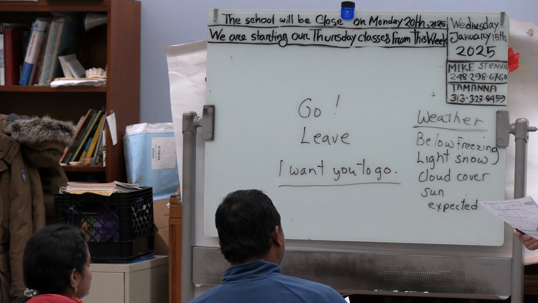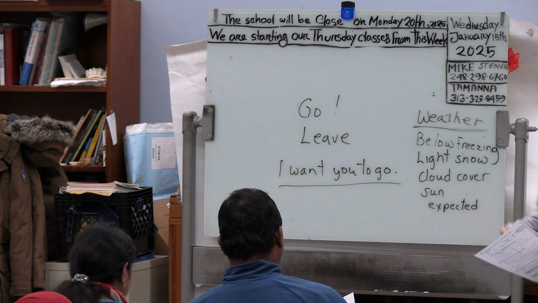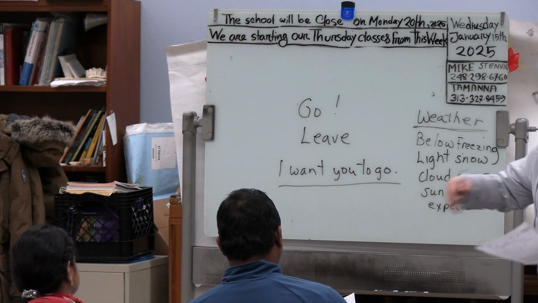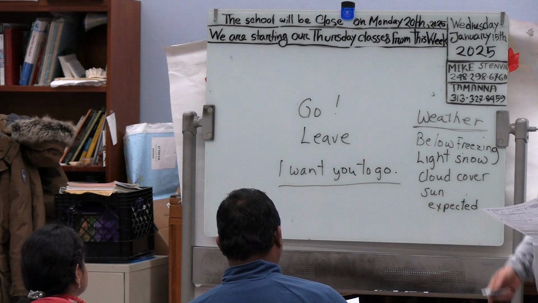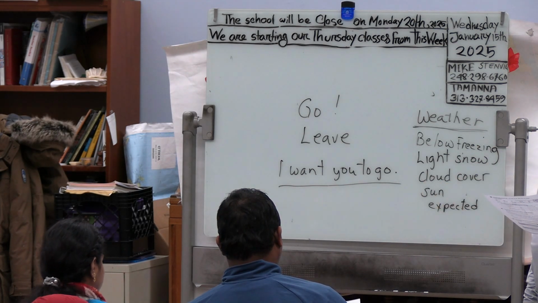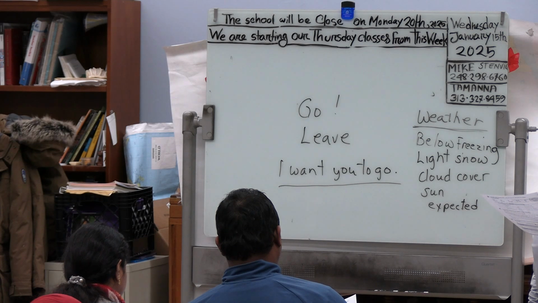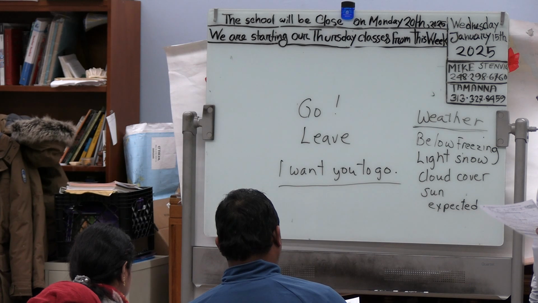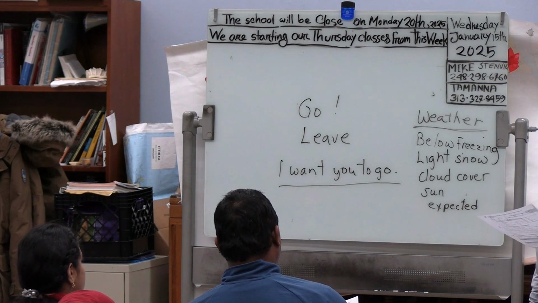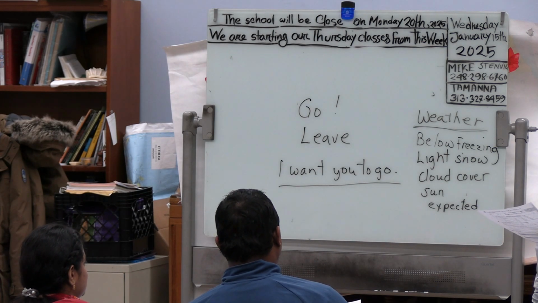It says, read the recipe. That means they want you to read this, it's an imperative. We notice here in the box, it says egg salad sandwiches. What is egg salad?